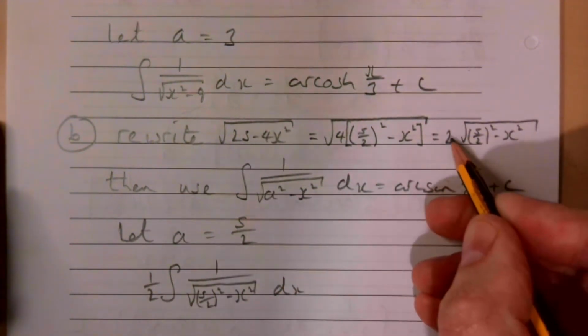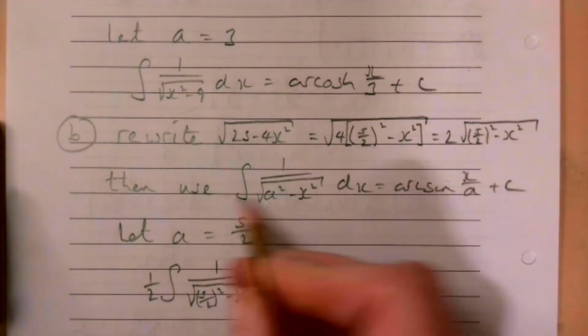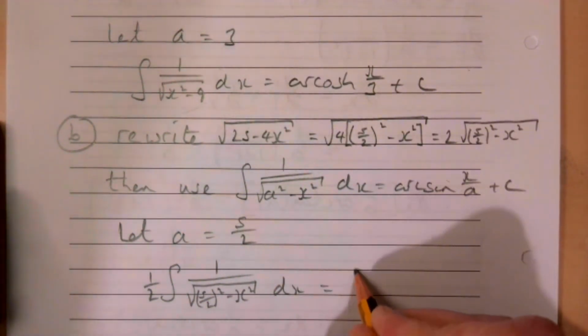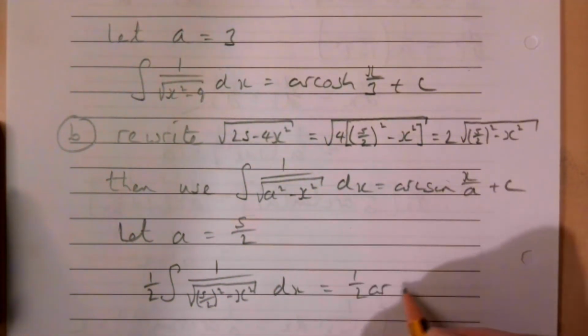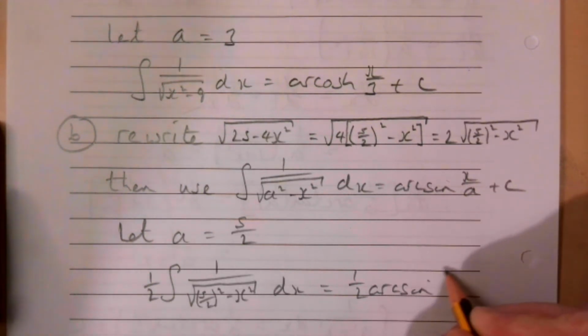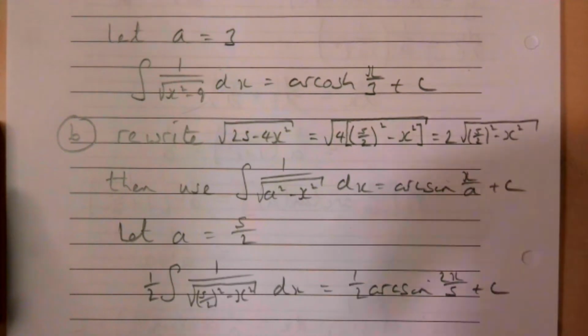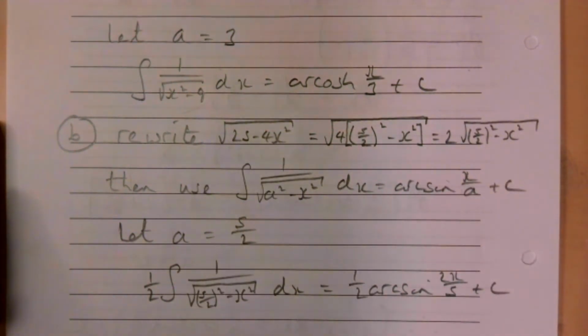You see where that comes from? So that was the 2 coming from there, which we're rewriting down there. There's going to be a half arc sine 2x over 5 plus c. You see then where that comes from.